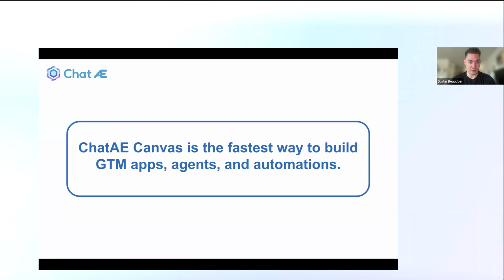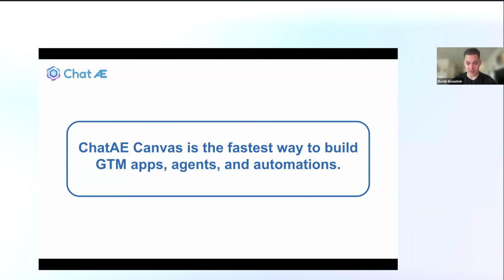When we say agents, we mean real agents that are taking action on your behalf, telling you what you need to know, helping you build things, and really thinking on their own. Automations are the simplest form of what Canvas can build, where you can have triggers set in other systems that initiate certain automations and actions within the things you're building in Canvas.